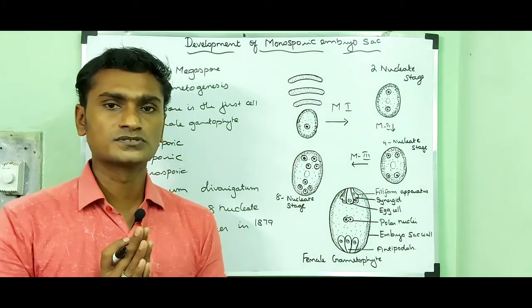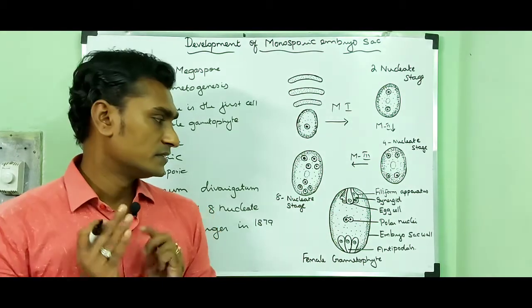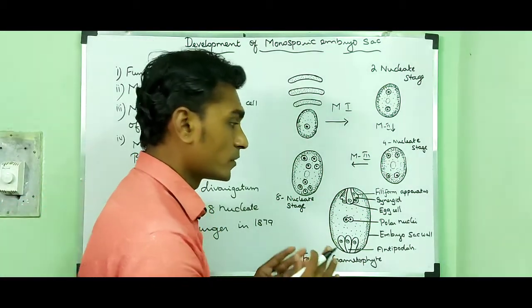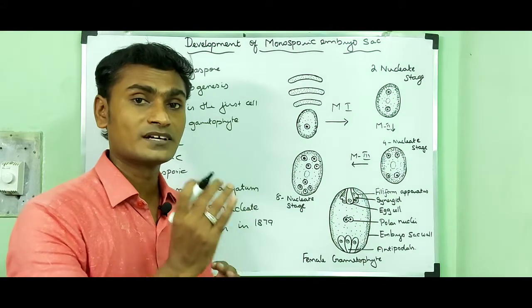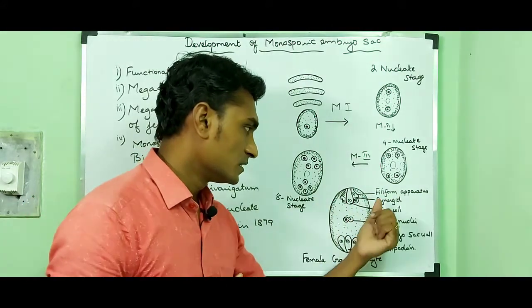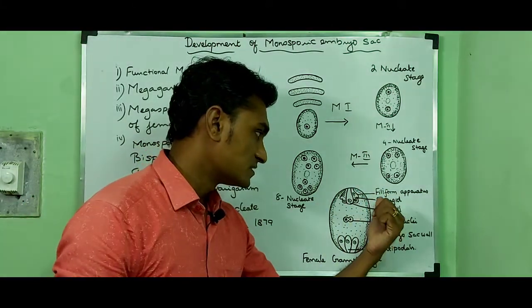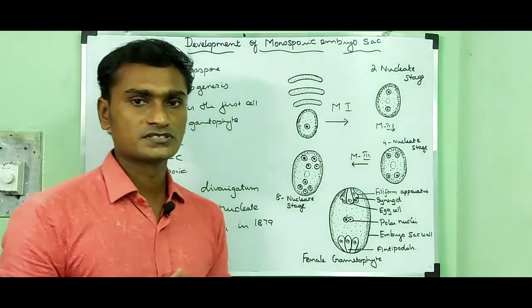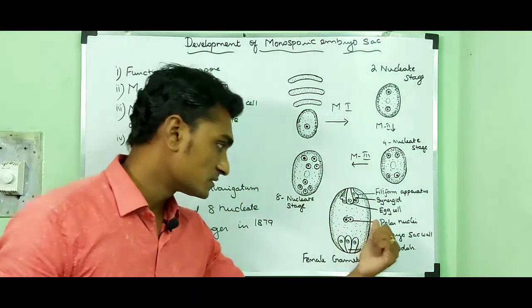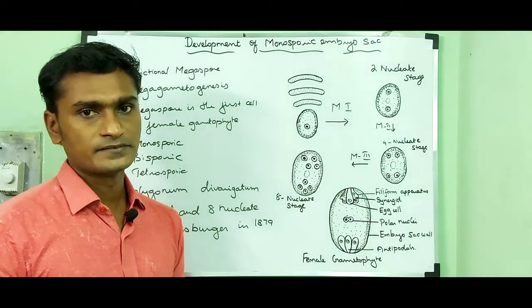இது வரைக்கும் உங்களுக்கு புரிஞ்சிருக்கும்னு நினைக்கிறேன். சரிங்களா? Then I am going to tell about the function of filiform apparatus, then synergids and antipodals. Then the polar nuclei.